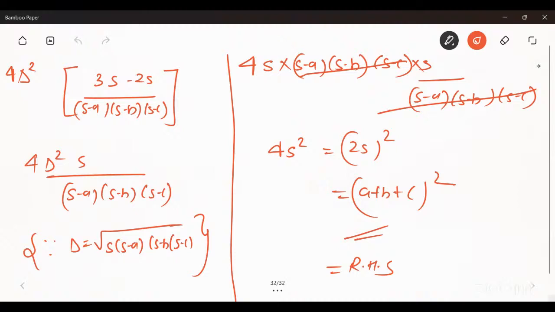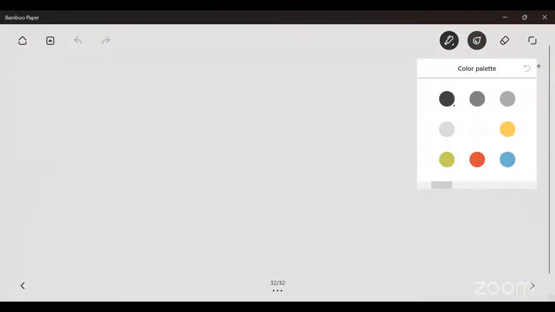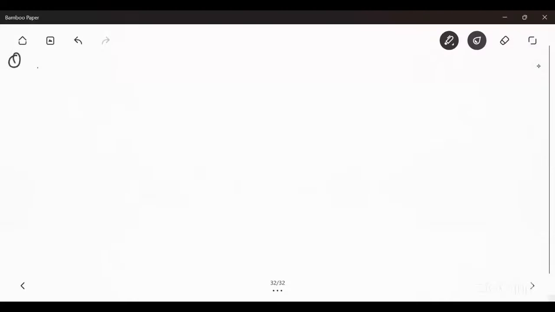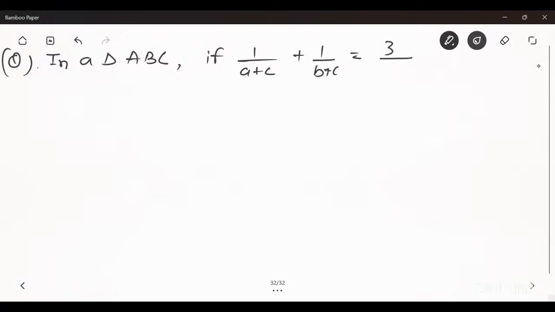Now your next important question is a previous year question. In a triangle ABC, if 1 upon A plus C plus 1 upon B plus C is equal to 3 upon A plus B plus C, then show that C equal to 60 degree.